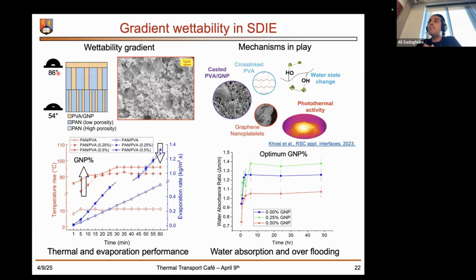So overall, in the design of mixed wettable surfaces for solar-driven interfacial evaporation, or when we are using a porous medium, the design parameters change with the operating conditions.